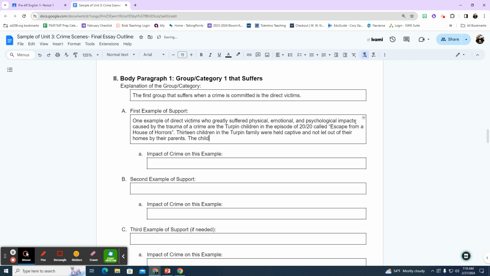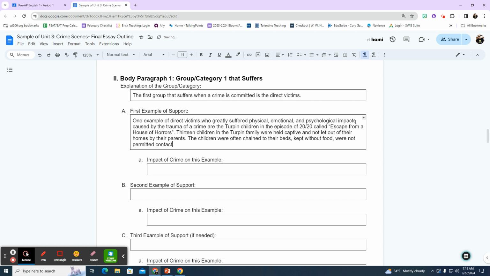The children were often chained to their beds, kept without food, were not permitted contact with the outside world, and were living in filth and squalor. Squalor is just a fancy word kind of for poverty.